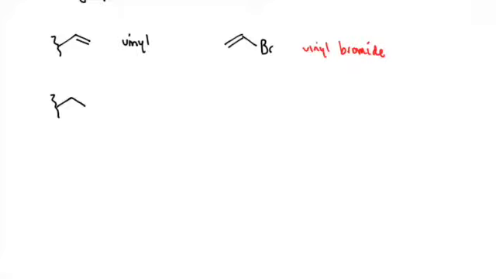The next common group is this one, which is a CH2 followed by a double bond, and this is known as the allyl group. And this molecule here would be allyl bromide. And the last group is this one, which kind of has a branched system, and we know from the isopropyl group that it has the prefix iso, meaning branched.